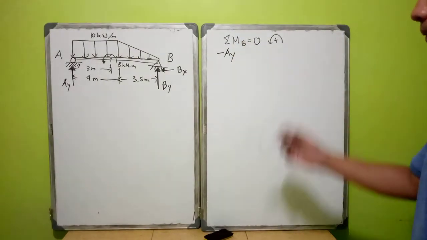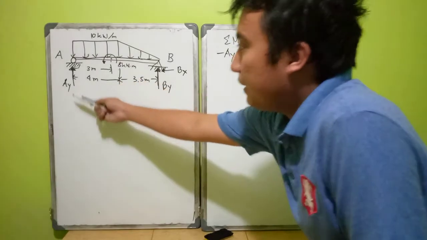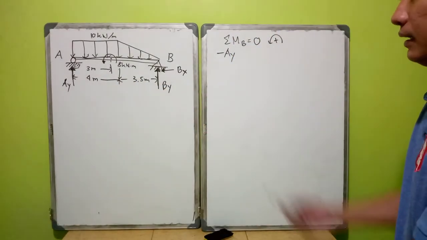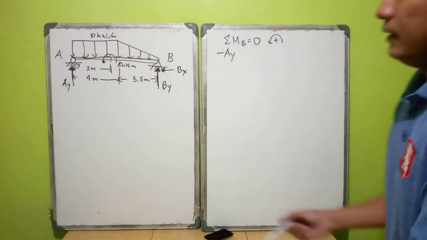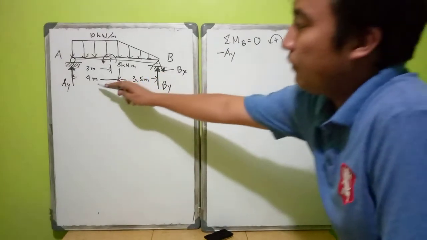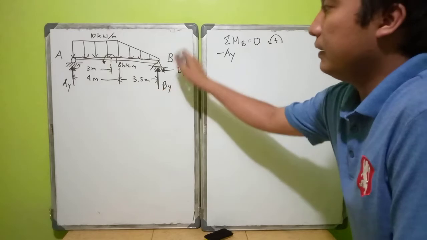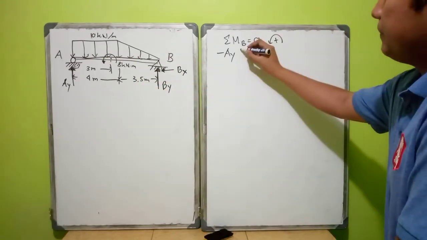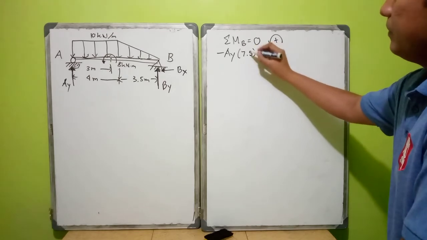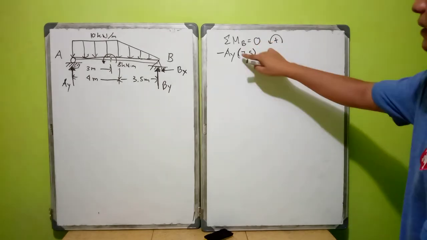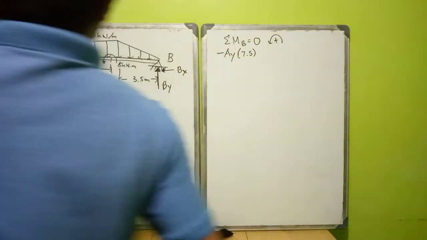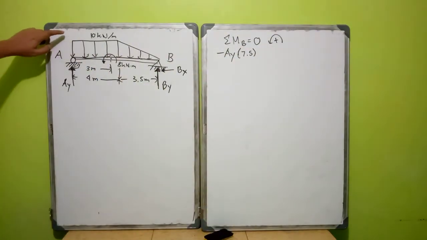Since it is a vertical reaction, its perpendicular distance relative to B is 4 plus 3.5, which is 7.5. Then we try the distributed load.